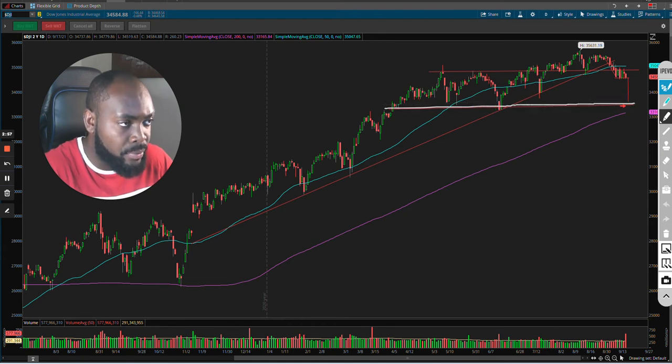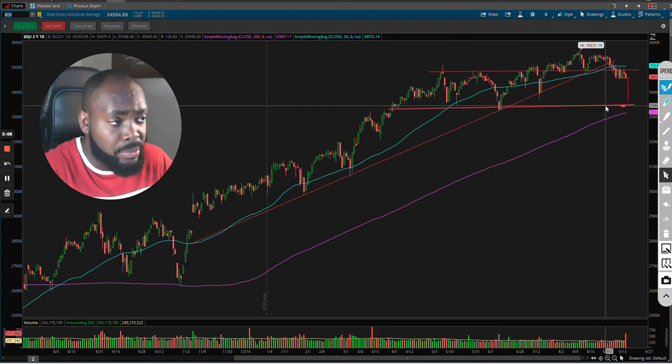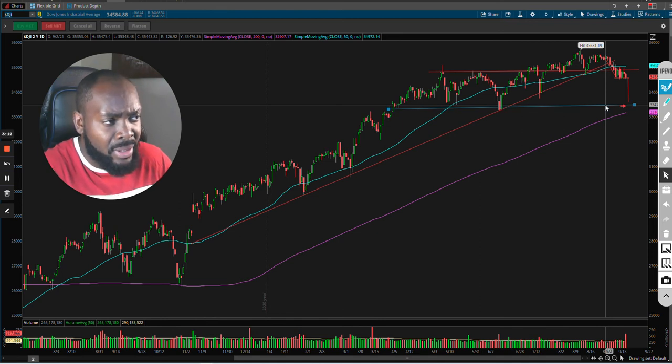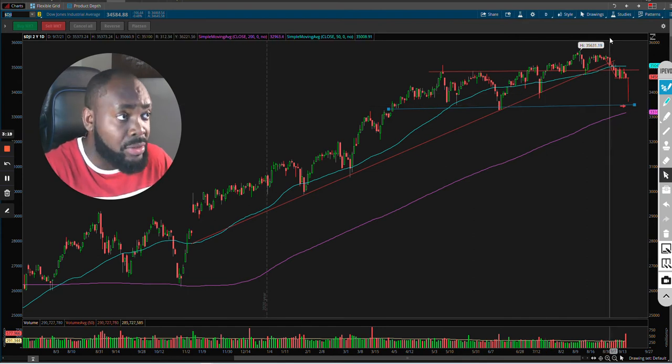So when we get the breakdown of this bear flag, this is the level that I am looking to see the Dow Jones pull down to, and that's around 33,347, right inside that region. That's where I'm looking for the Dow Jones to pull back down to on the downside.